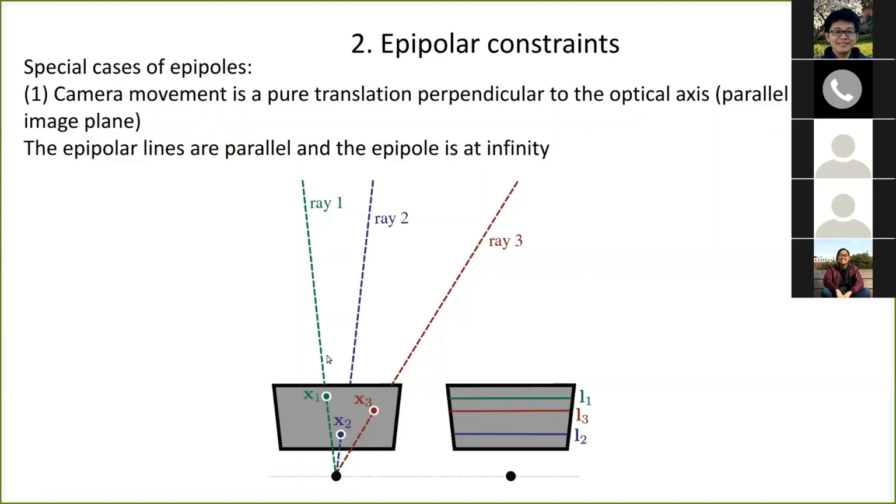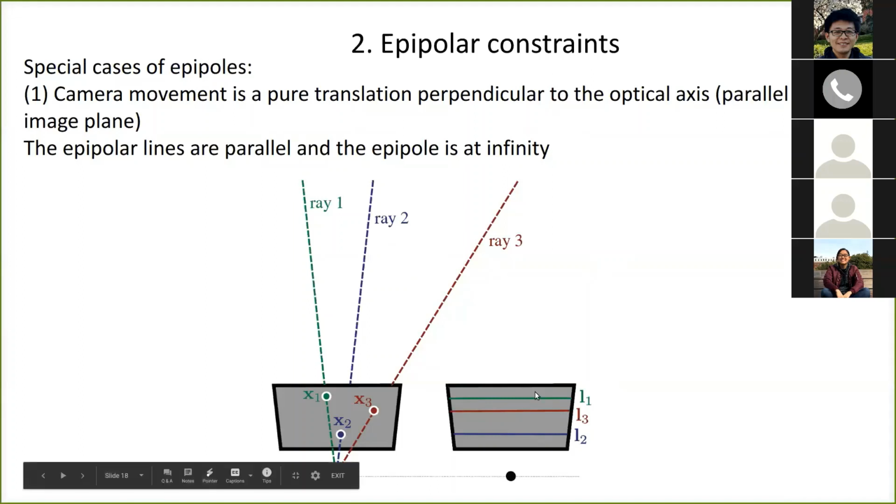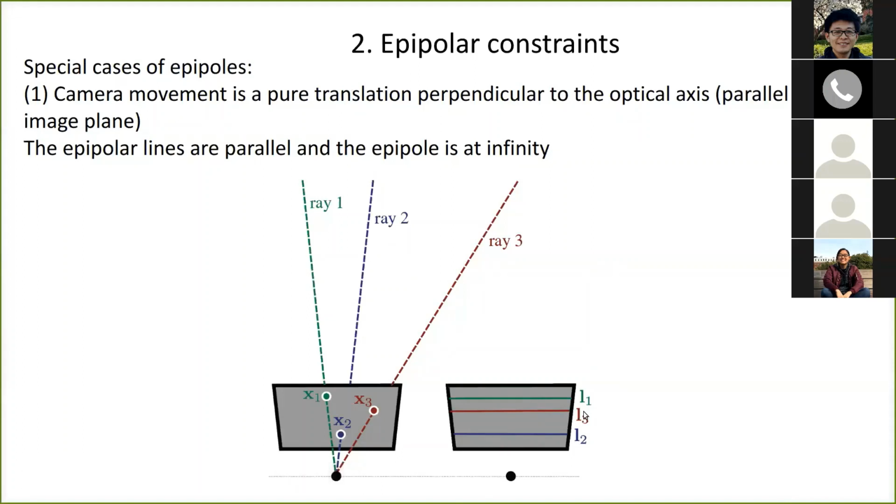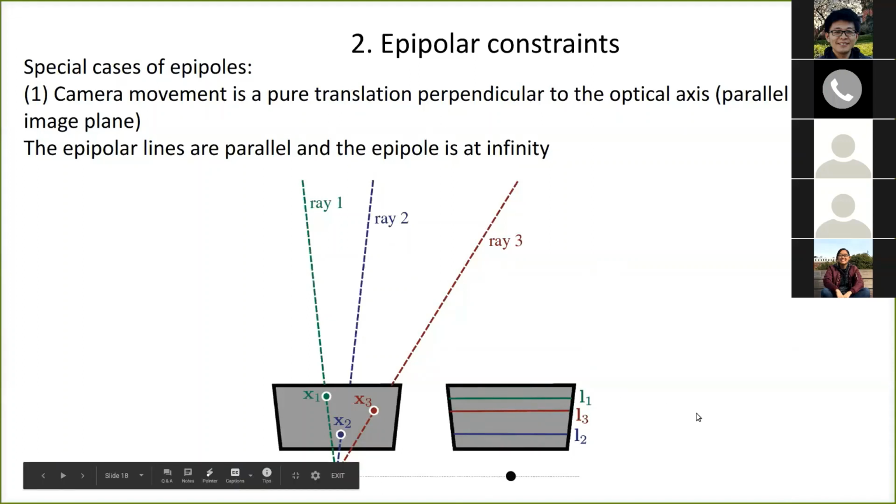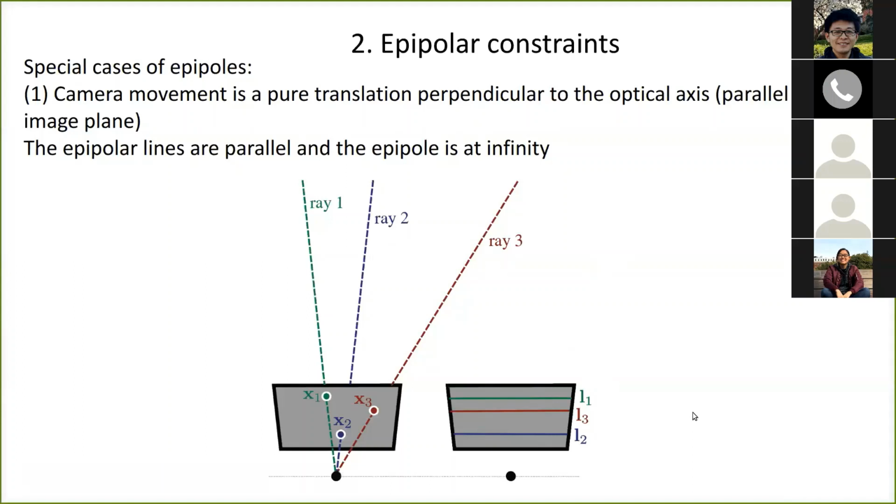As a consequence, the epipolar lines are parallel, and the epipole is at infinity. These epipolar lines L1, L2, and L3 never intersect at the image plane because they are parallel, so the epipole is at infinity, or you can say it doesn't exist in this case.